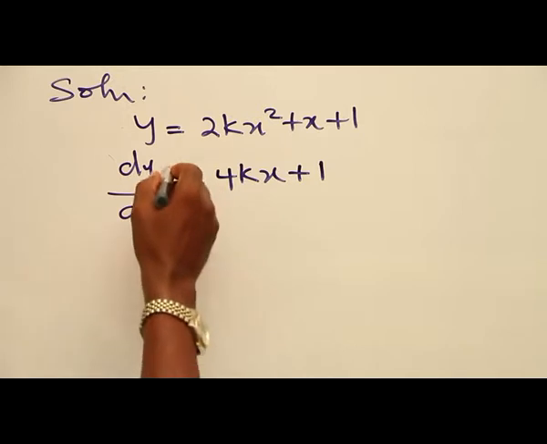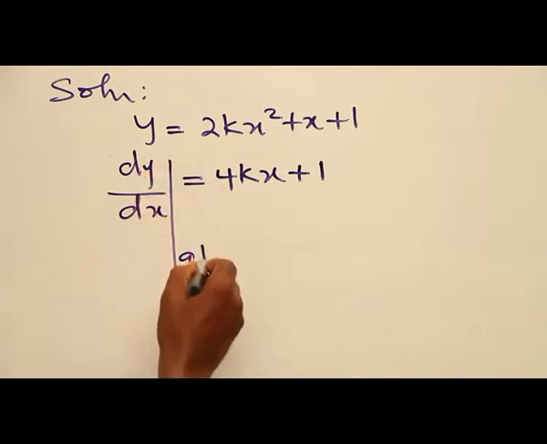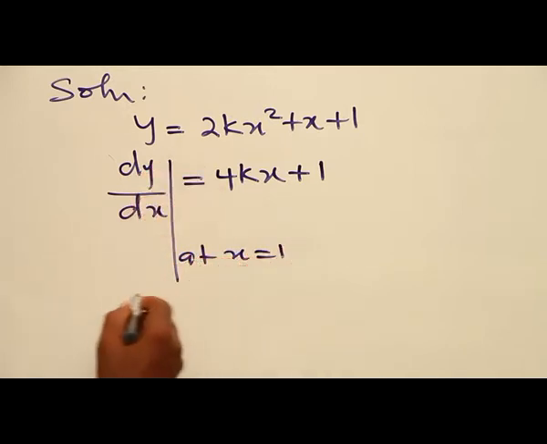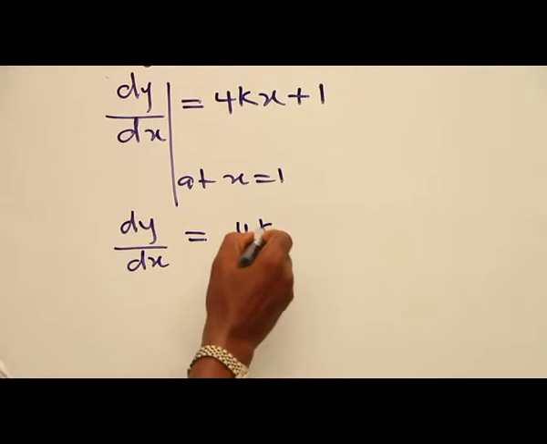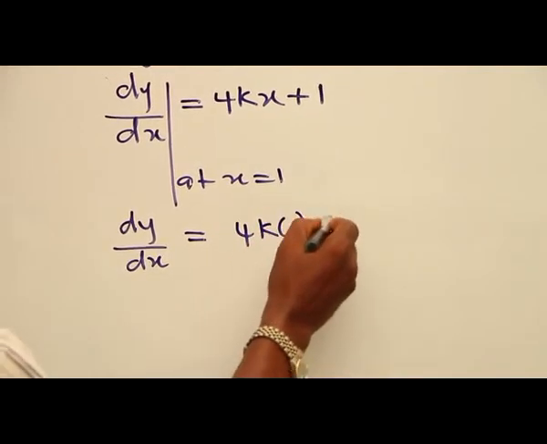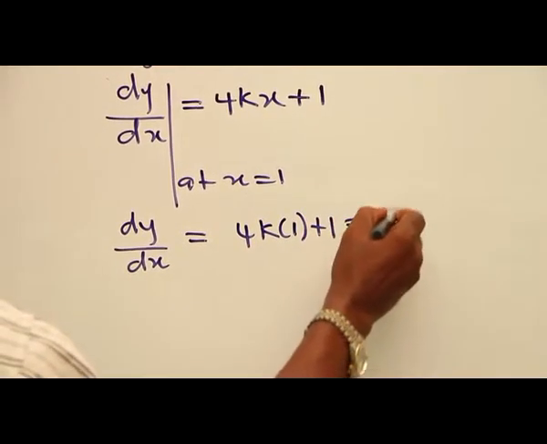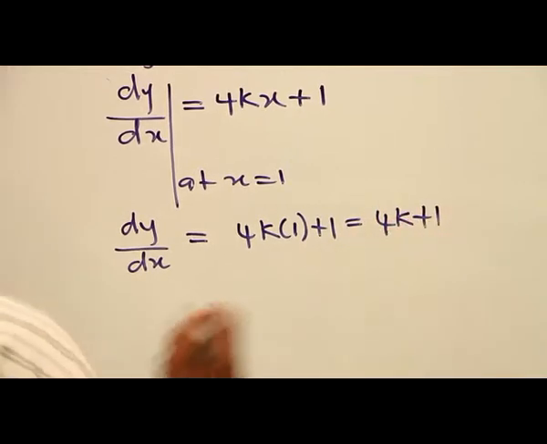Now, if you evaluate this at x equal to 1, we have that our dy over dx will be equal to 4k times 1 plus 1. The result is equal to 4k plus 1.